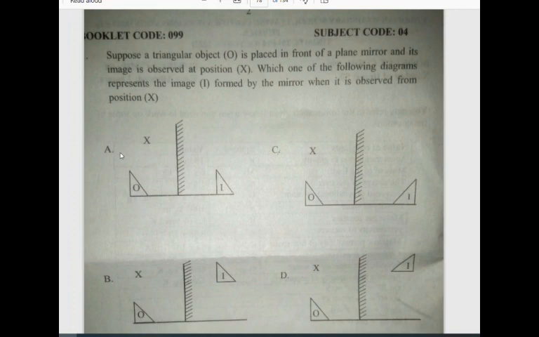Now we are going to observe the image which is formed by this mirror. Just to discuss, let's consider this is a mirror. If you have a circle, the image will be a circle.